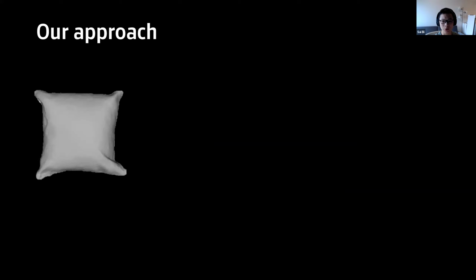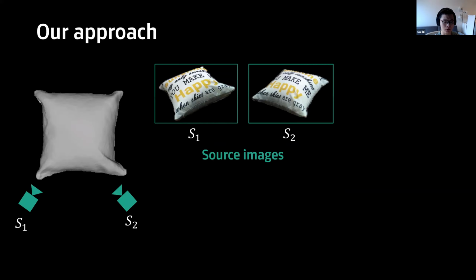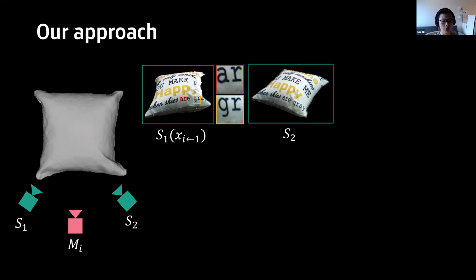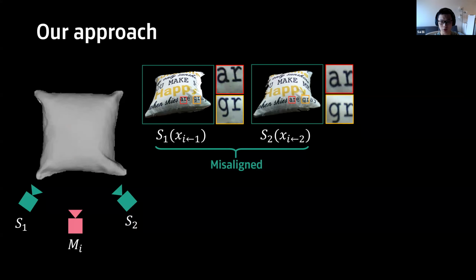Let's look at this problem again by studying a simple case. Here, we have a rough geometry and two input images. We illustrate the texture mapping process from a novel viewpoint. First, we project one image to a novel view and get the projections. Then we project the other image to the novel view.